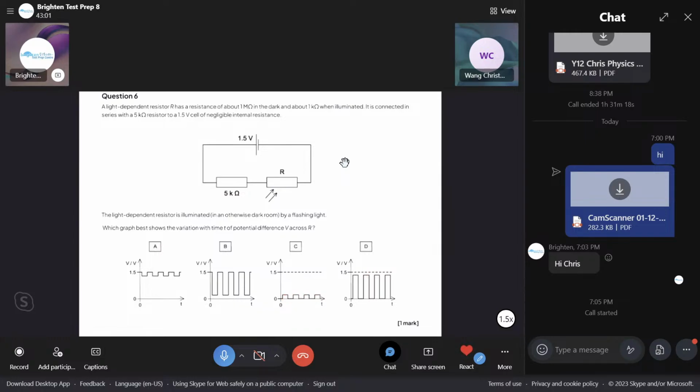So what you could link it to was to say, well, I have an EMF of 1.5. So how can I now utilize my knowledge, or what should I now think about?